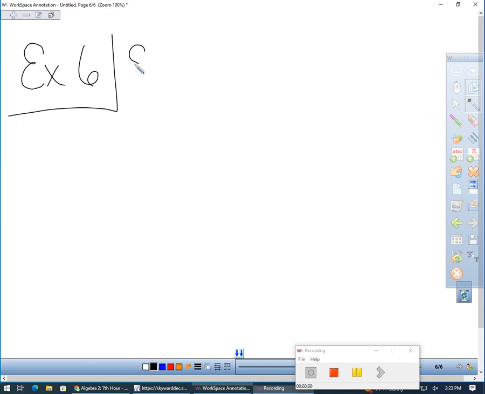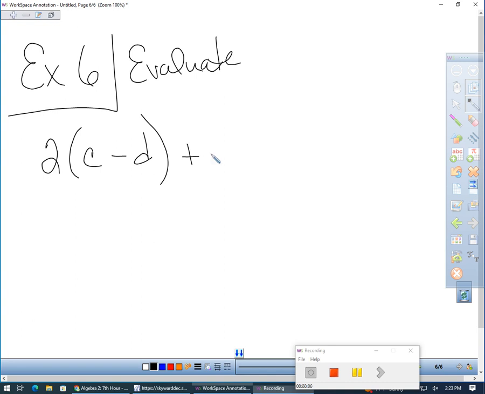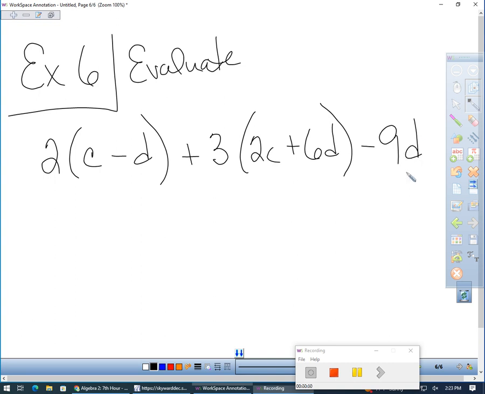All right. So we're going to evaluate. All right, here we go. Let's say I have 2 times (C minus D) plus 3 times (2C plus 6D) minus 9D, where C equals negative 1 and D equals 3.